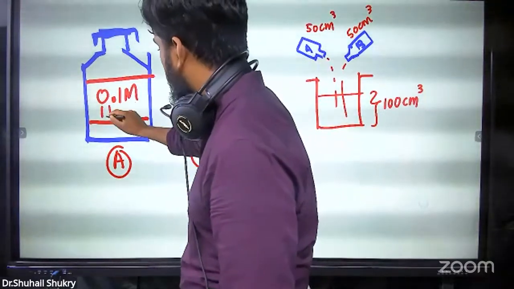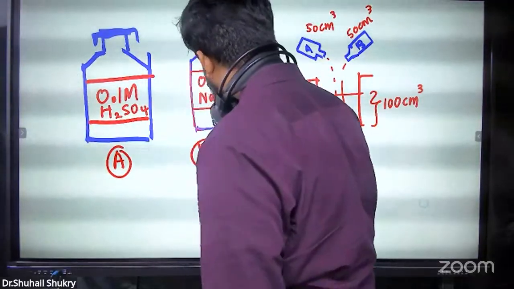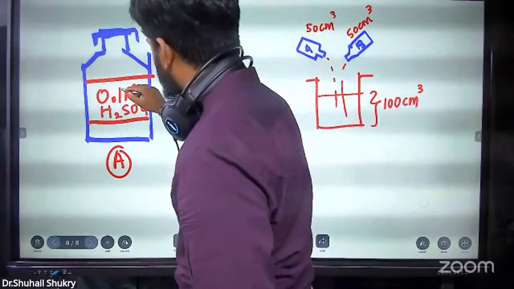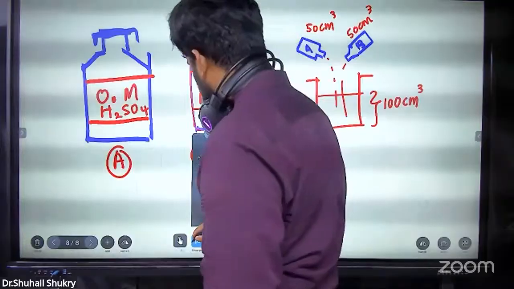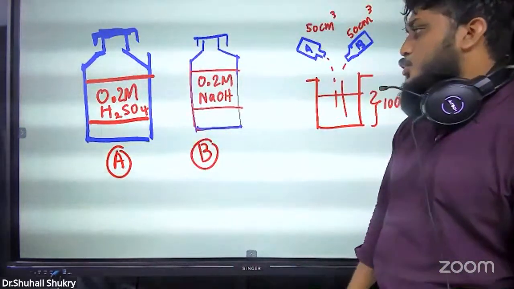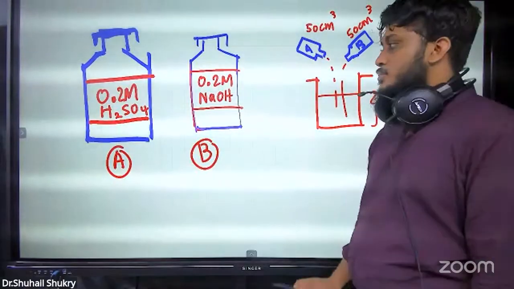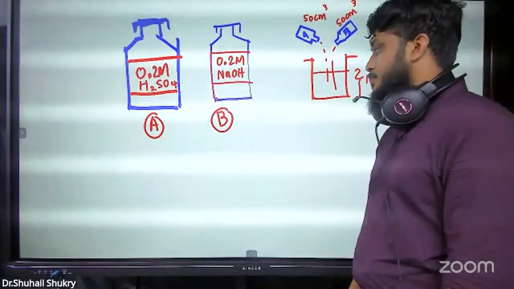We'll put this as 0.2 M H2SO4. This is 0.2 M sodium hydroxide. I'm going to develop so many questions on this, carefully observe.